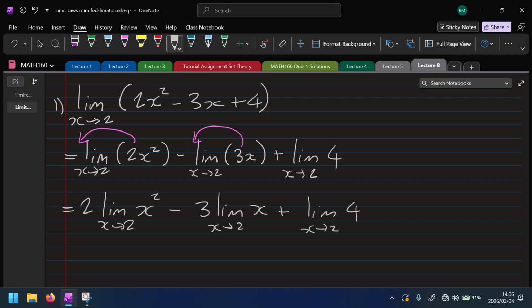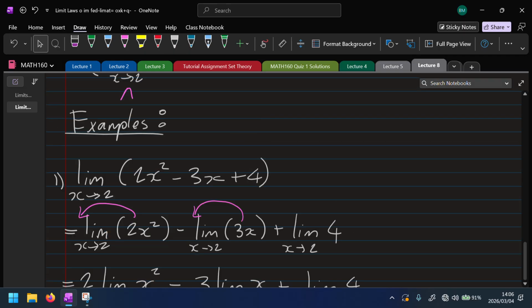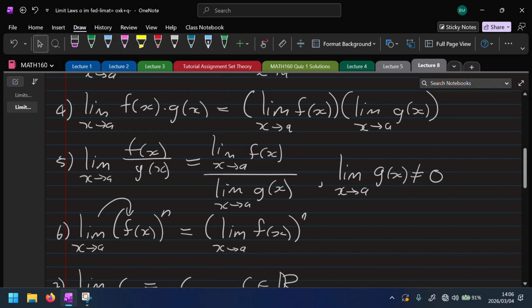Next, we have the limit as x goes to 2 of x squared. So we have something squared, a power. We're going to use limit law number 6 with n being 2.